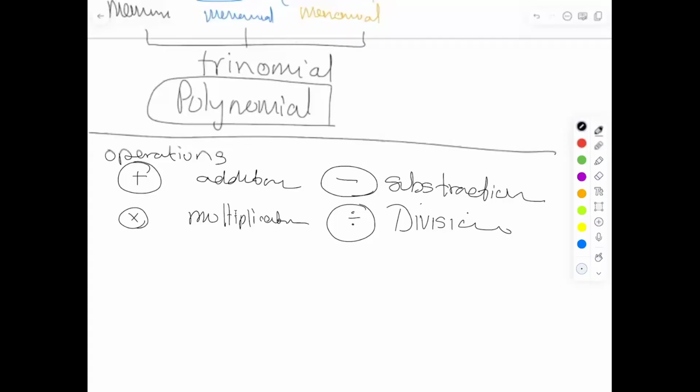Whenever you have a positive, whenever you have addition here, nothing changes with the second term. Let's all remember that. When I have a positive, nothing changes with the second term. So it's going to be easy, right? 6x squared minus x plus 9, right?